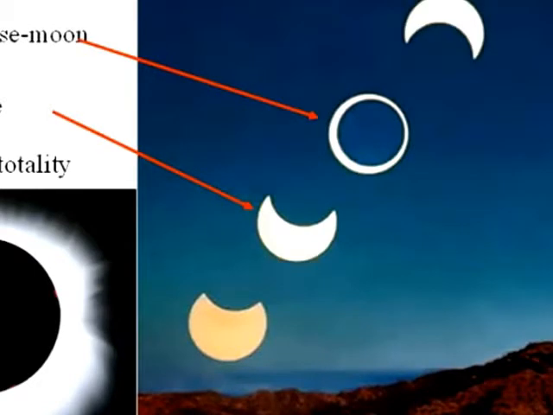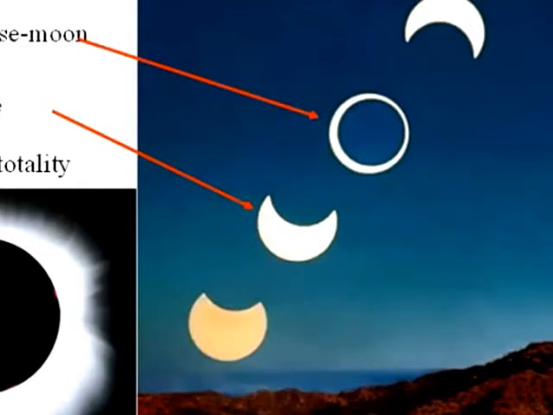Here is the third type of eclipse, and that third type is referred to as an annular eclipse. This little diagram is interesting because there are actually 5 pictures of the Sun on one picture.